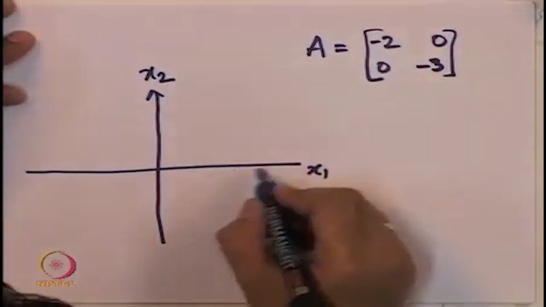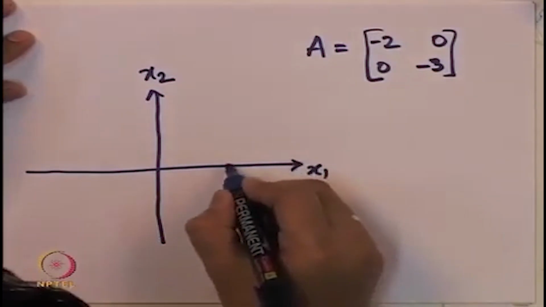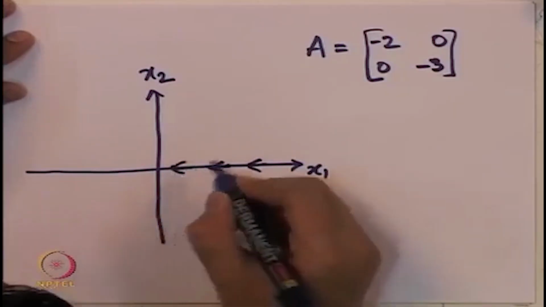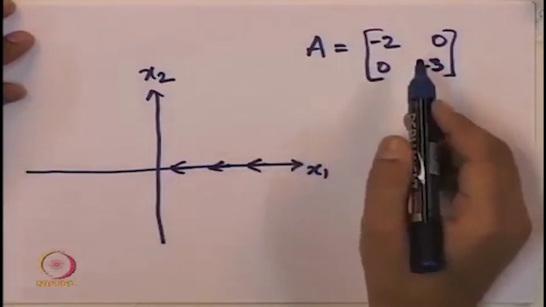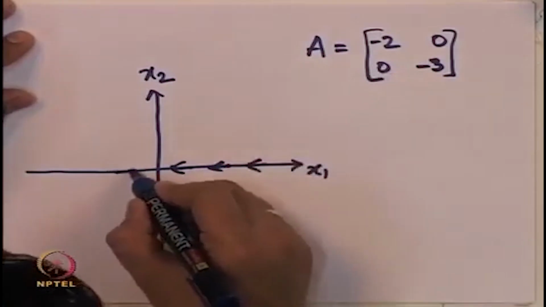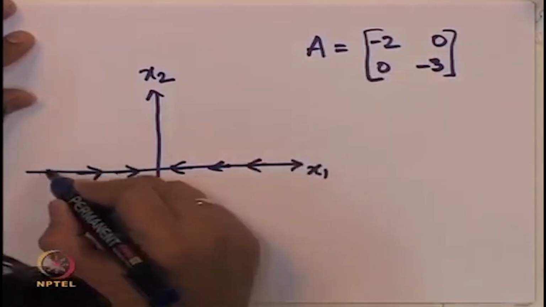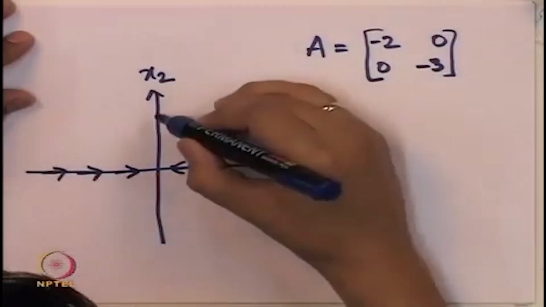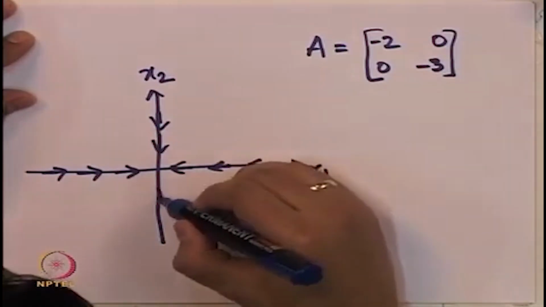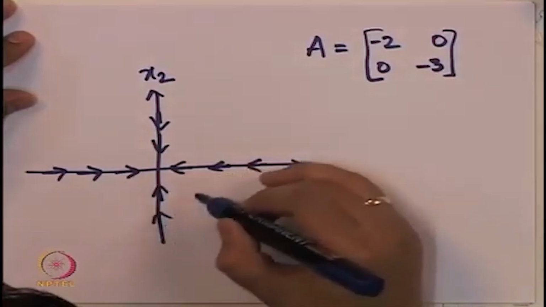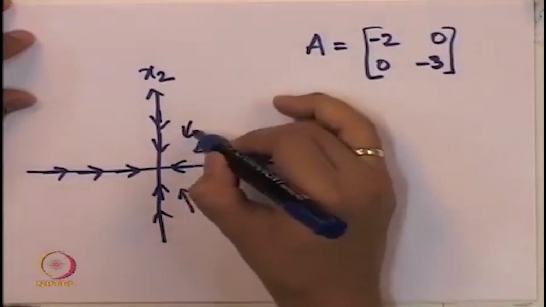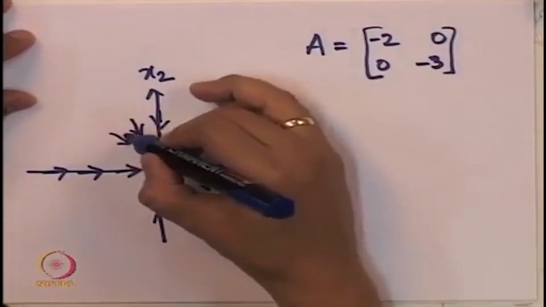What this says is, if we are along the x1 axis, then because x2 component is 0, when A acts on such a vector, again the x2 component is 0. That is the significance of a diagonal matrix A. And similarly, along the x2 axis, x1 component is 0, and these diagonal entries being negative imply that the arrows are also along the x2 axis.